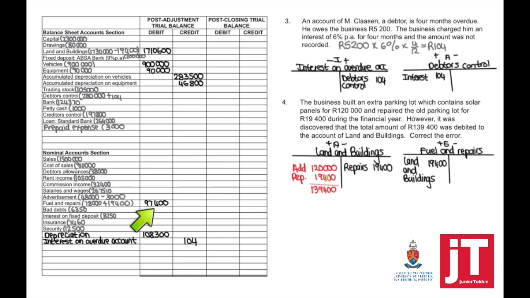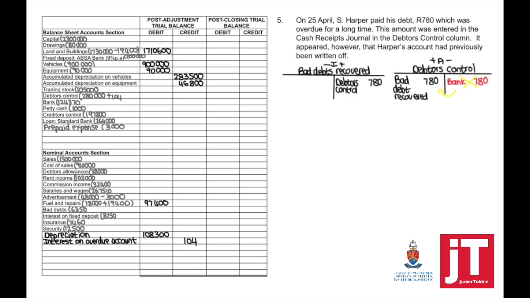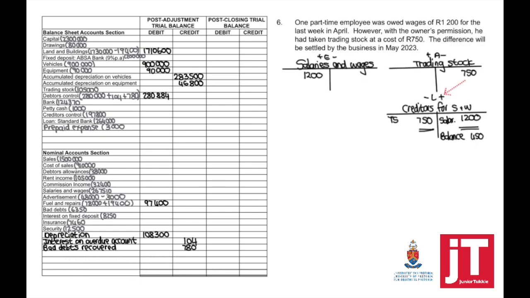This is the figure after we've made the changes. Adjustment number 5, we had bad debts recovered, and very importantly, that was taken out, but it has a positive effect. That's why plus 780. Now we can calculate the total for debtors control, and we need to include bad debt recovered.